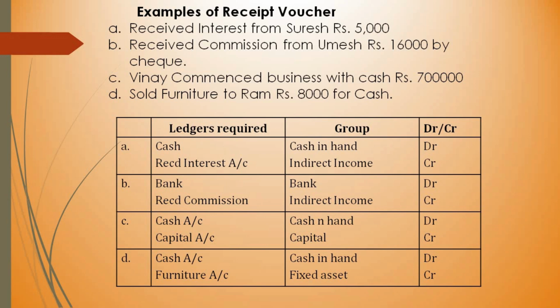And the next one, sold furniture to Ram, rupees 8,000 for cash. So you are selling an asset for cash, so it will be entered in receipt voucher. One is furniture account, the other one is cash account. As I said, in receipt voucher, one side will be bank or cash and it will always be on the debit side. The other account will be on the credit side. Got it?